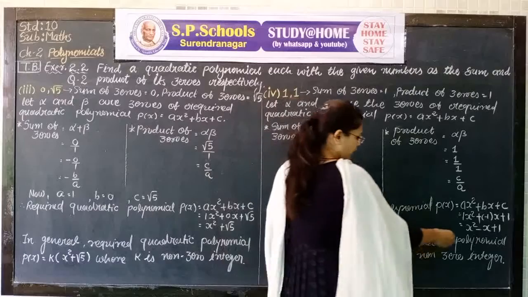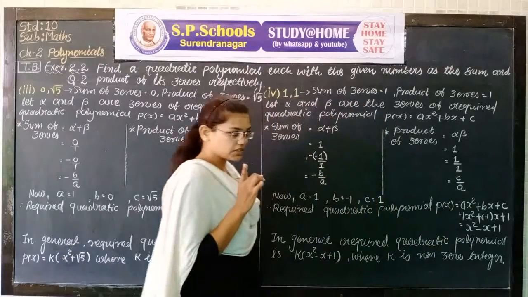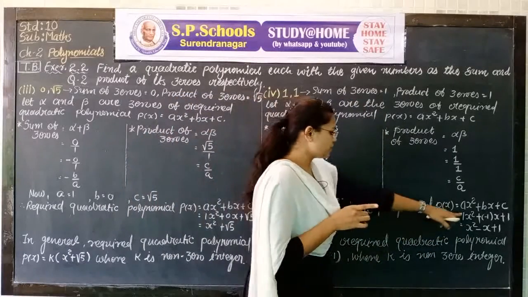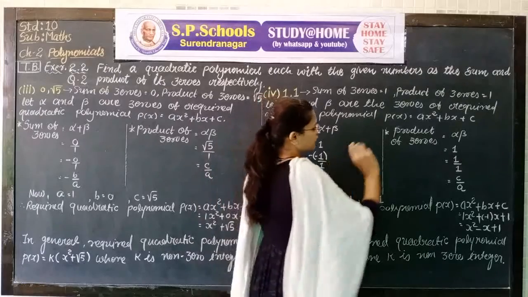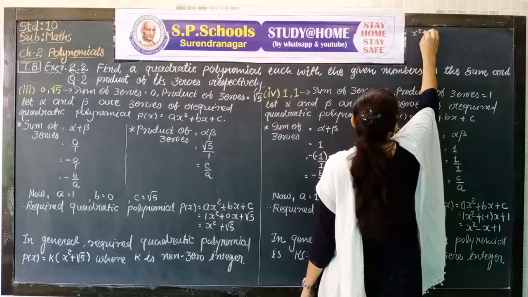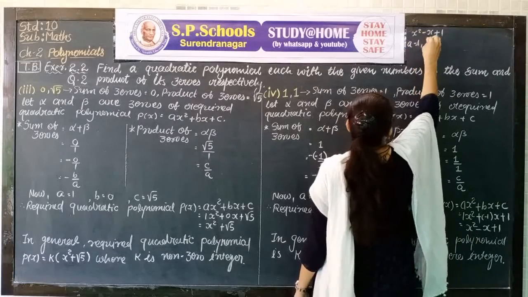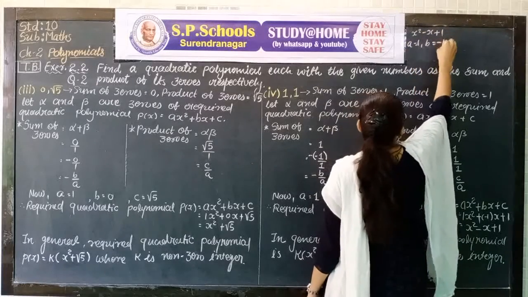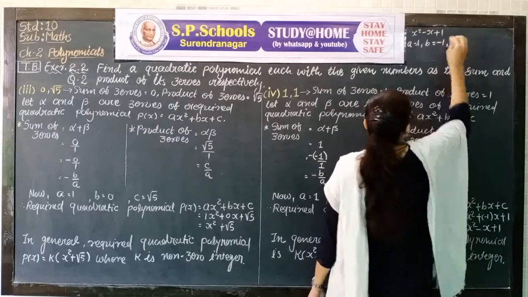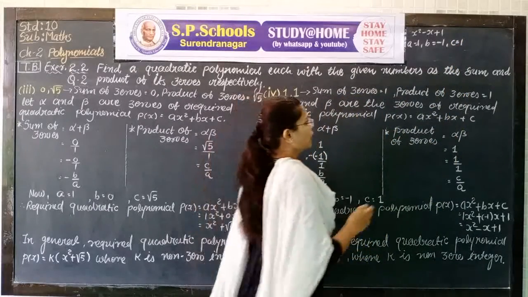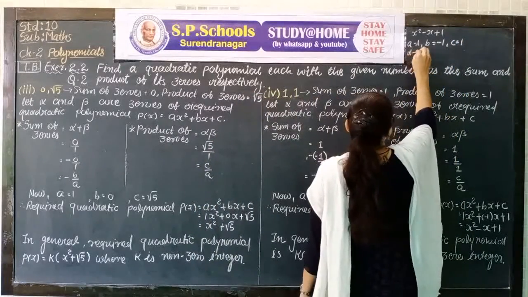Let's verify whether this polynomial is correct or not. x square minus x plus 1 is our rough work. Here a is equal to 1, b is equal to minus 1 and c is equal to again 1. First of all, we need to find the sum of zeros.